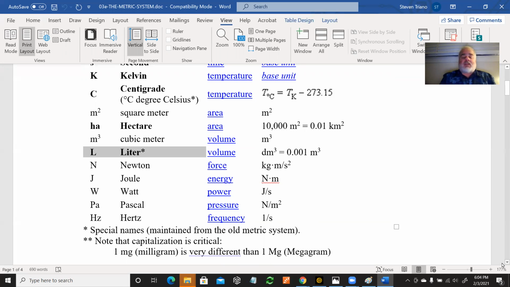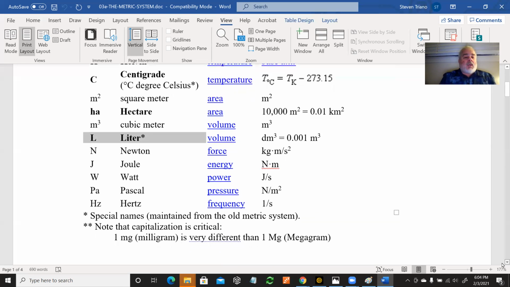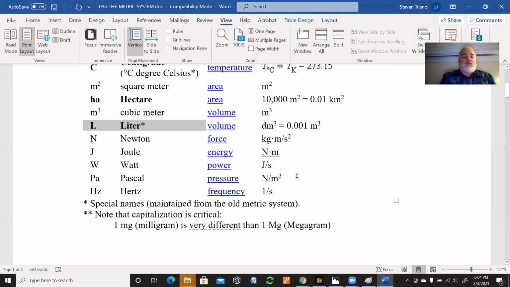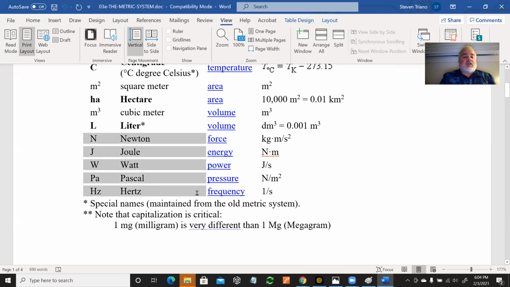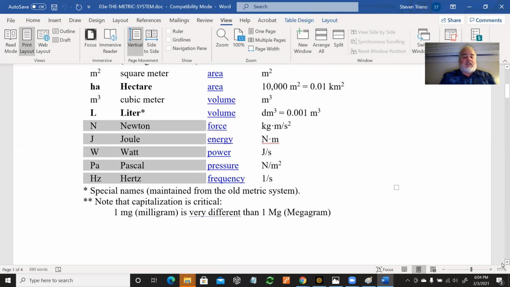It's just more convenient than liters. And the rest of these are more for engineering and physics: newtons, joules, watts, pascals, hertz. And there's more. That's not the entire list, but that's a pretty darn good list.